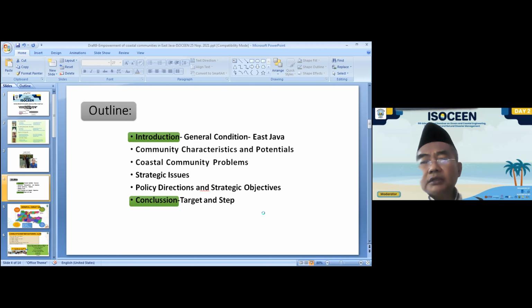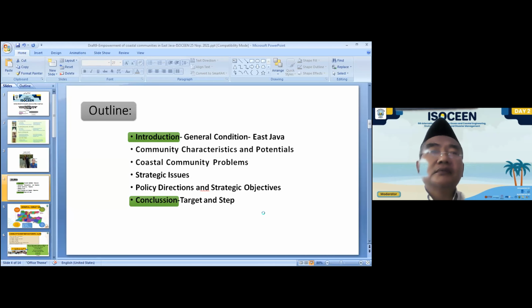The population is around 39 million people. It's very much. It's around the population of the United Kingdom. I think United Kingdom is around 50.